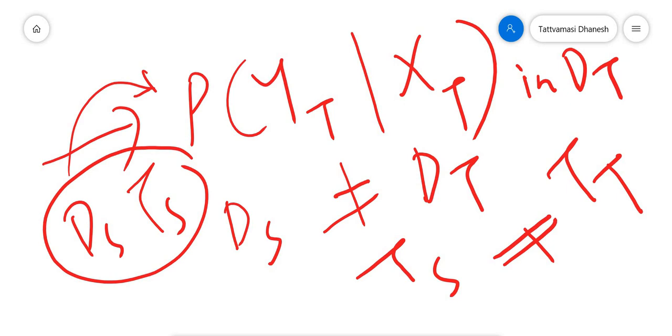Now, some important points you need to understand here. So this is the mathematics of transfer learning. Now I have to tell you what you need to transfer. In transfer learning, there are some important points you need to understand, then it would be easy. Otherwise it becomes very complex and not useful as well.